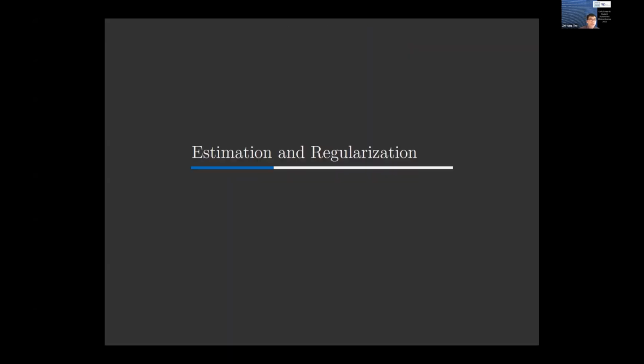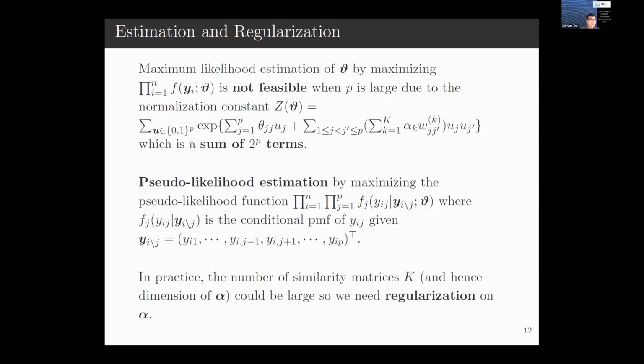Now the next part, I'll talk about how we can estimate the main effect parameters together with the alpha regression coefficients. In the Ising model, one of the problems is that you can't use maximum likelihood estimation. The main reason is that it involves the calculation of the normalization constant, which is a sum of 2 to the power of p terms.